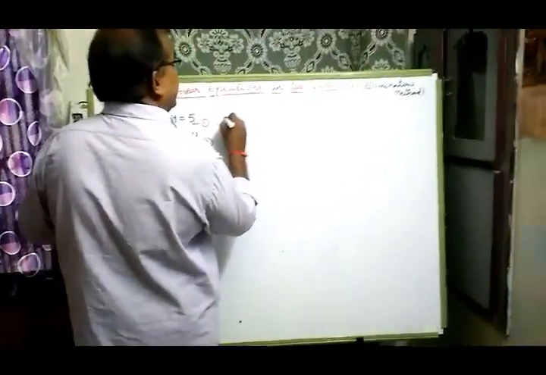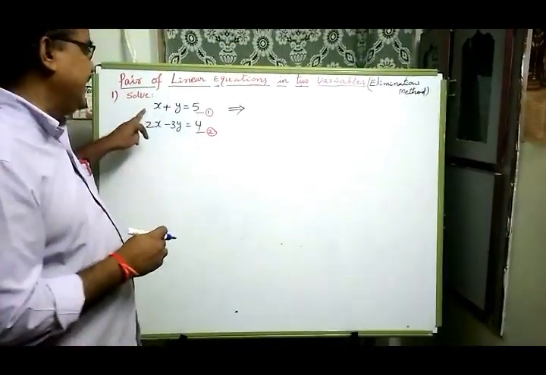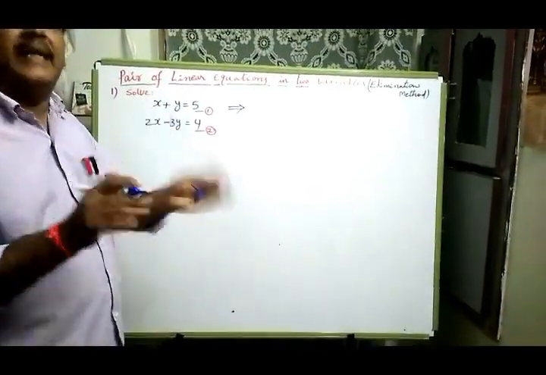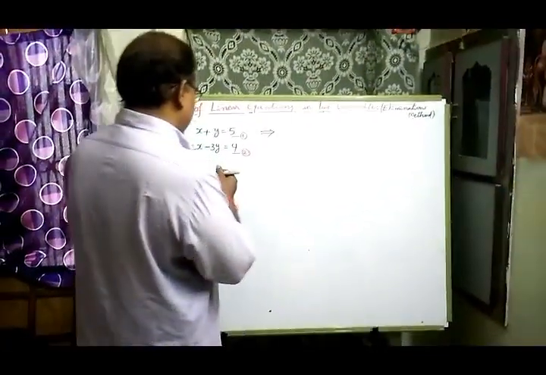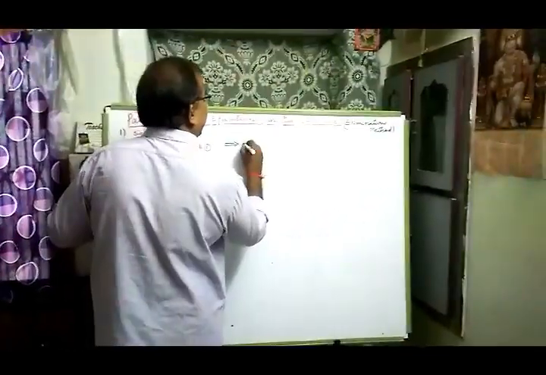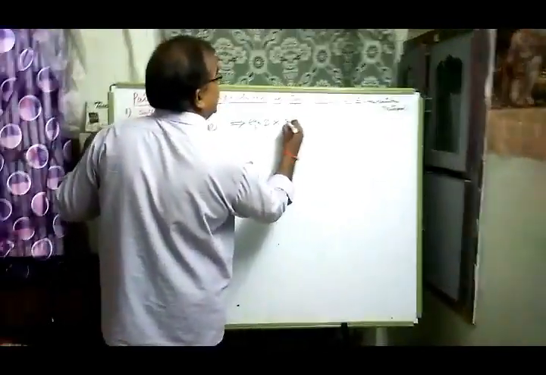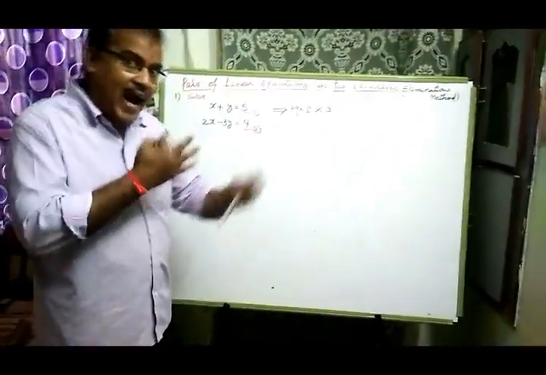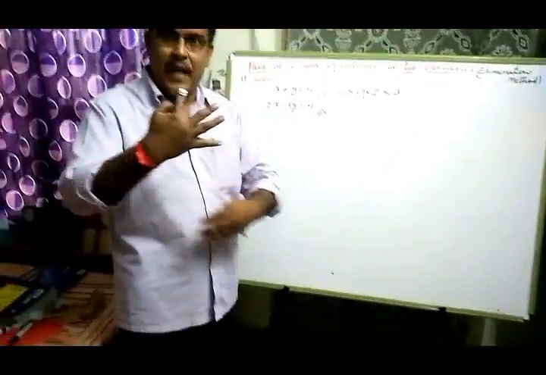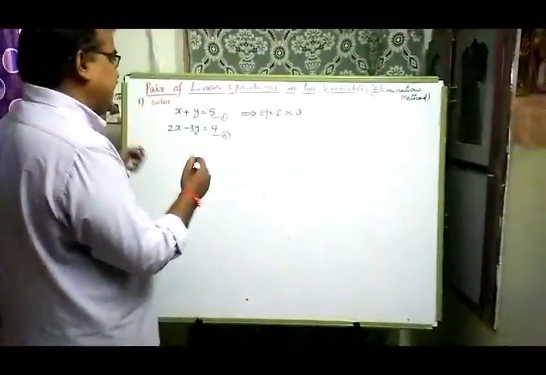Here I am multiplying equation 1 by the constant 3. Why? Because I am going to balance the equation. Listen carefully.